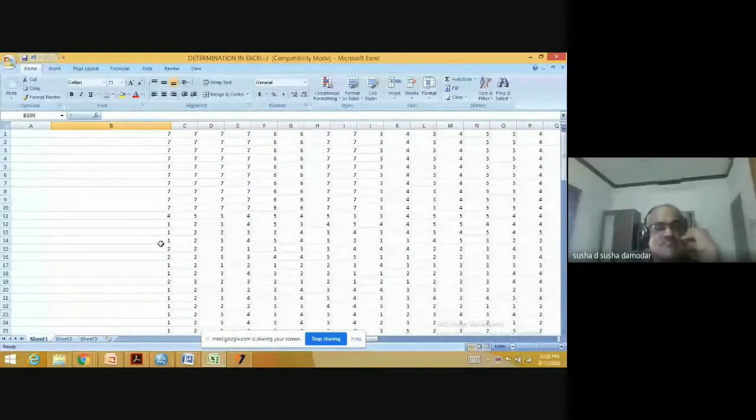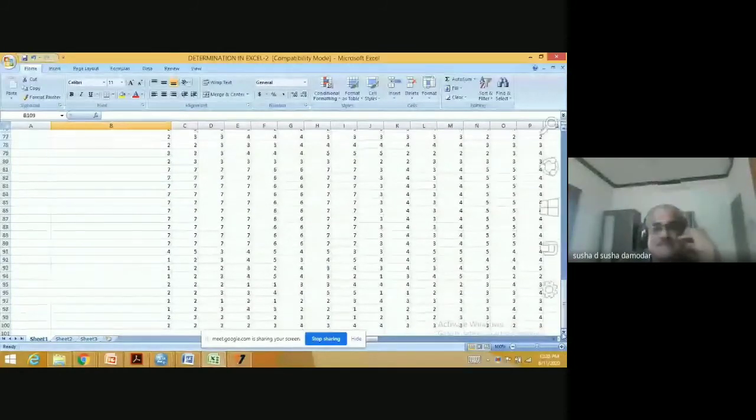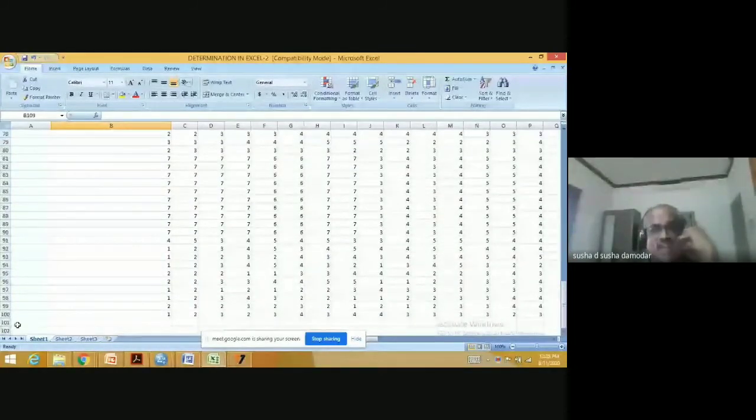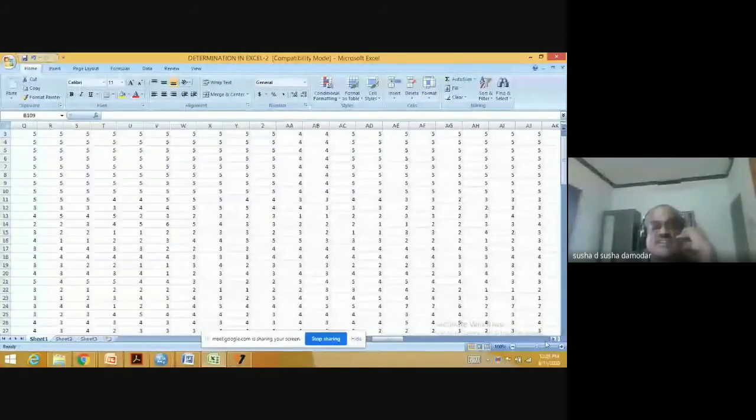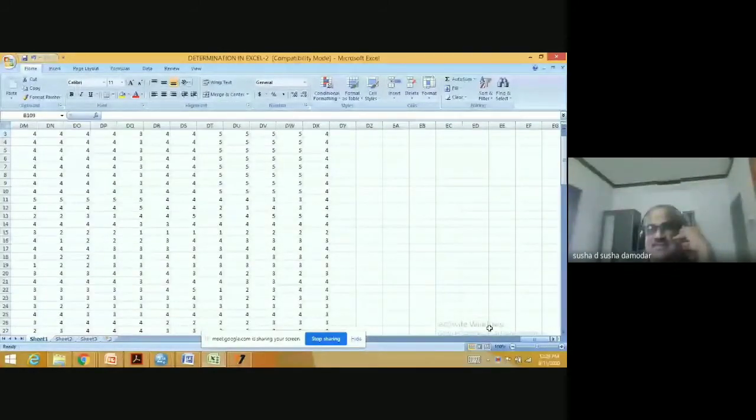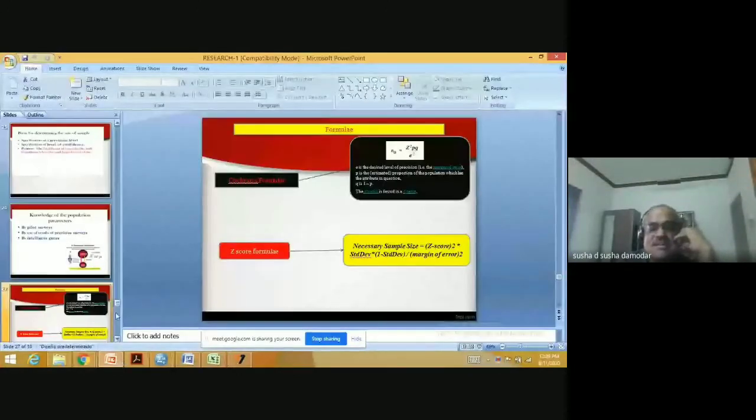Therefore, the sample respondents in the pilot study, 100, responded against 127 statements, and based on such information, we will apply that particular formula I had already explained. See, what is that formula? The formula is very simple.